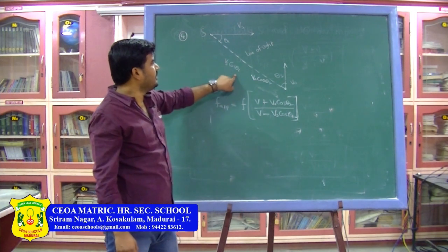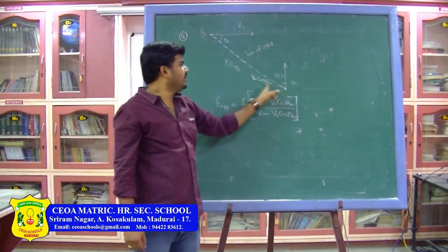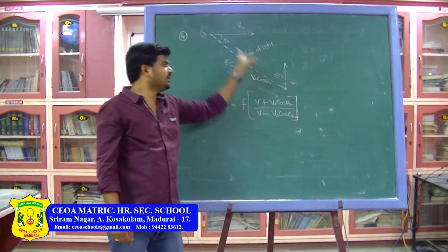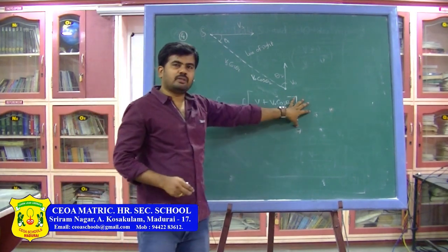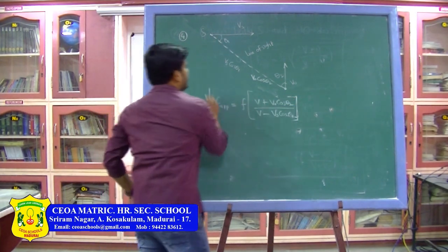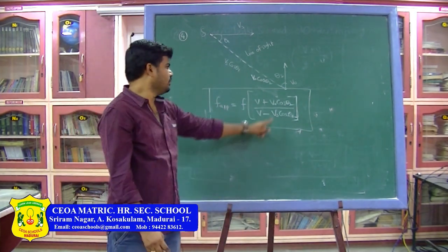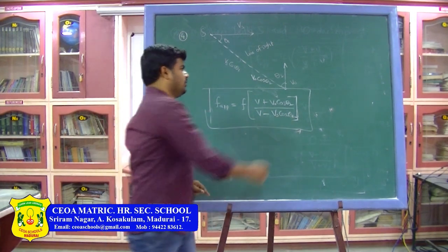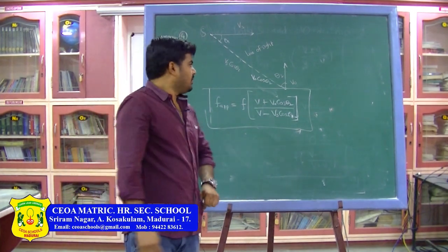Vs cos theta 1 is the component of the speed of source along the line of sight, and V naught cos theta 2 is the component of observer speed along the line of sight. Taking both components, you can find the apparent frequency using the formula F into V plus V naught cos theta 2 divided by V minus Vs cos theta 1. That is another case of finding apparent frequency.